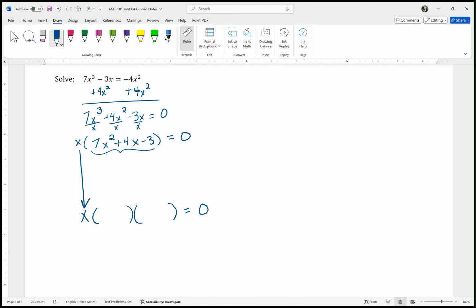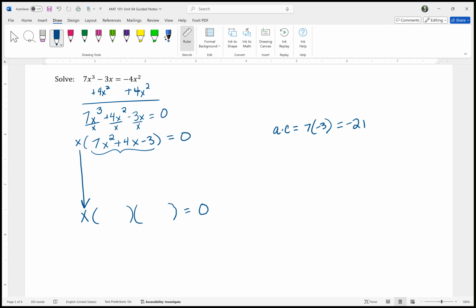Let's go through the process of factoring this 7x squared plus 4x minus 3, and those are the numbers we're using for our a, b, c. Don't go back and look at our original problem. So our a in this problem is 7. Our c in this problem is negative 3, so 7 times negative 3 gives us negative 21.